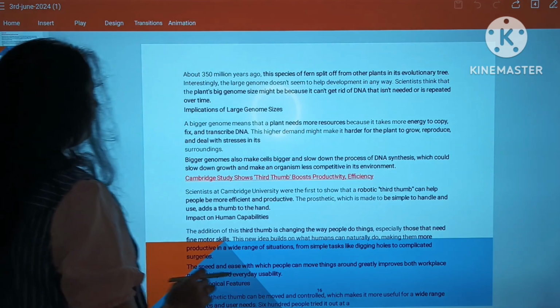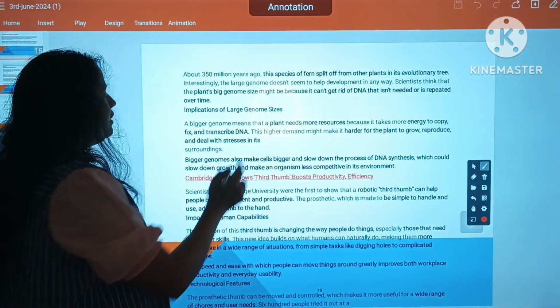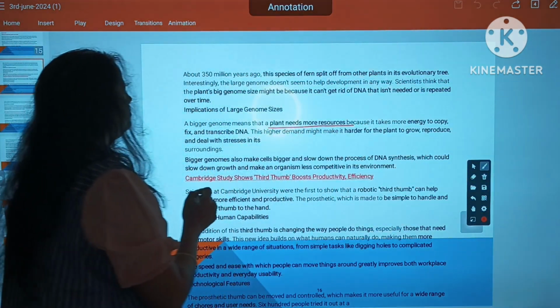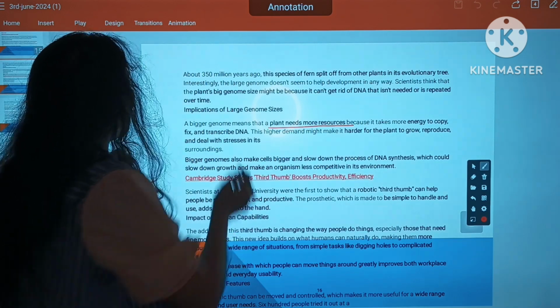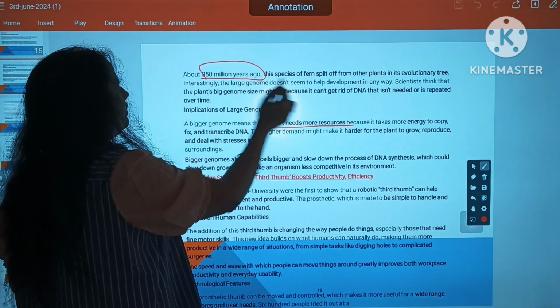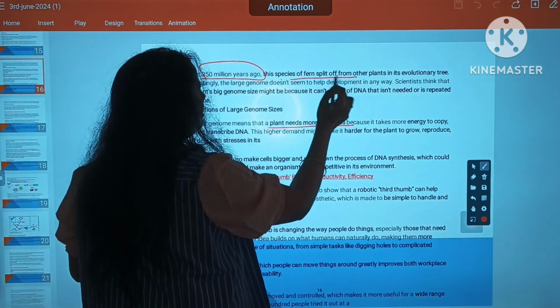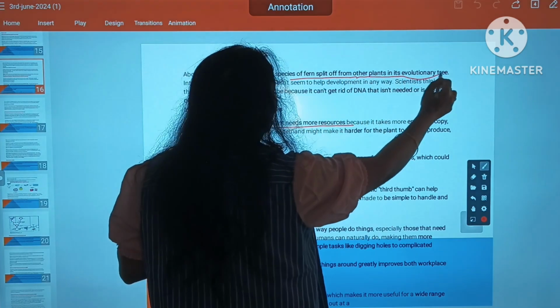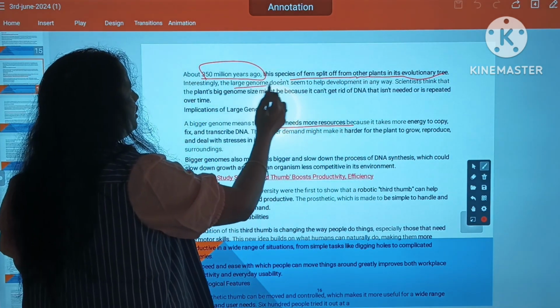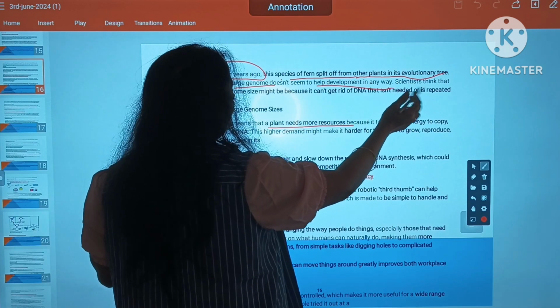So what happens if the genome size is more? The plant needs more resources. Actually, 350 million years back this fern split off from other plants in the evolutionary tree. The large genome does not seem to help development in any way.